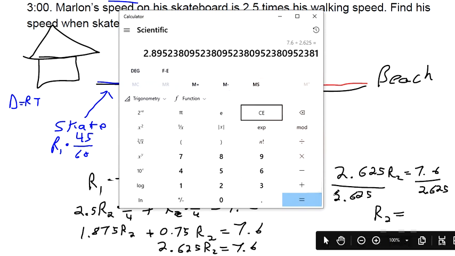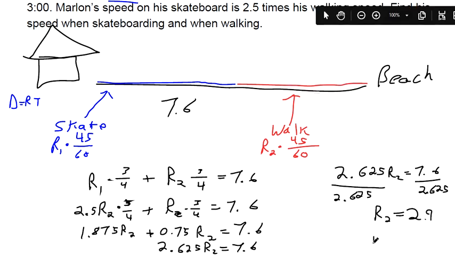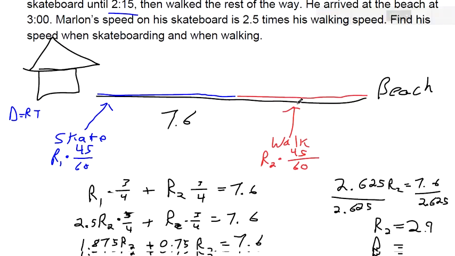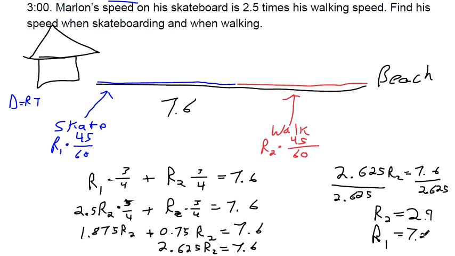Oh, that came out yucky, so let me go double check. Yeah, so R sub 2, the walking speed, is 2.9 miles per hour. And the skateboarding speed was 2.5 times the walking speed, so we're just going to do 2.9 times 2.5, because it's 2.5 times as fast. So about 7.3 if we round, 7.25 miles per hour.